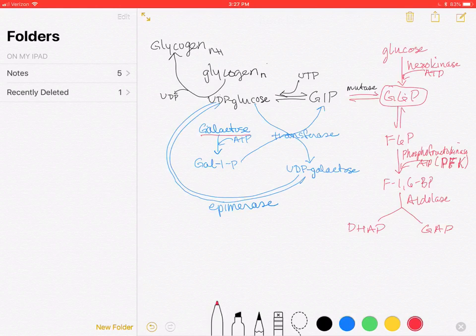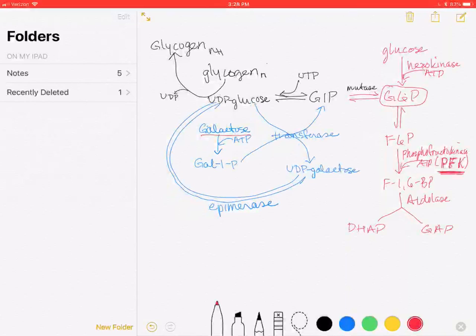Now let me point out that phosphofructokinase is the key regulatory enzyme of glycolysis. The reason the first enzyme, hexokinase, is not the key regulated enzyme is that phosphofructokinase is the committed step of glycolysis. The first step, hexokinase, makes glucose 6-phosphate, which can either change into glucose 1-phosphate and go all the way to glycogen, or go down glycolysis and be changed into pyruvate.